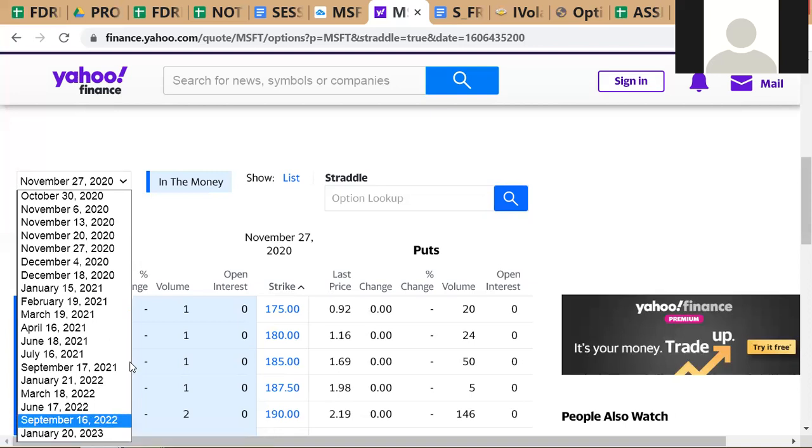The exchange can list this option, Jan 21, 2022, but it can't force people to trade a minimum of 100 contracts in this expiry. They will list the option, and how much volume there is, that's a function of investor interest. It's a function of liquidity, basically. So does that answer your question?